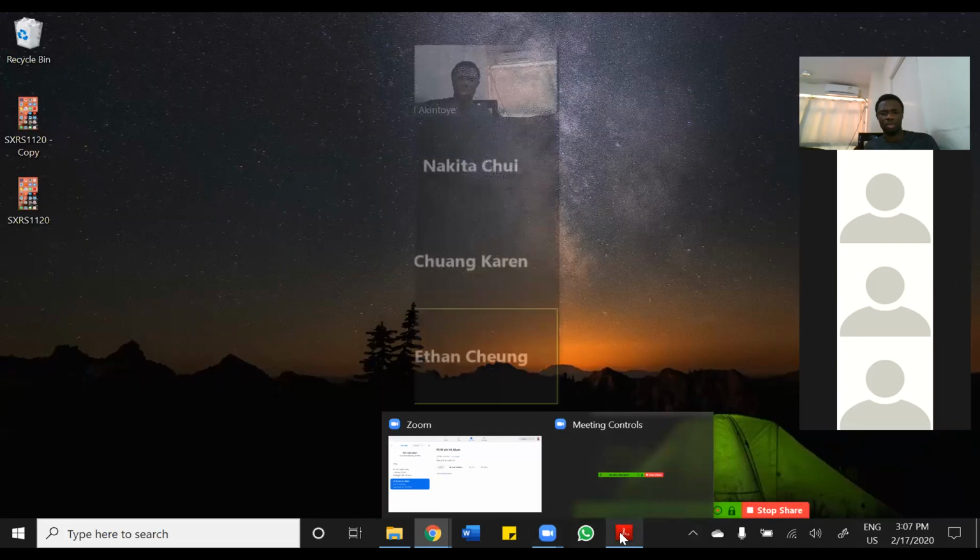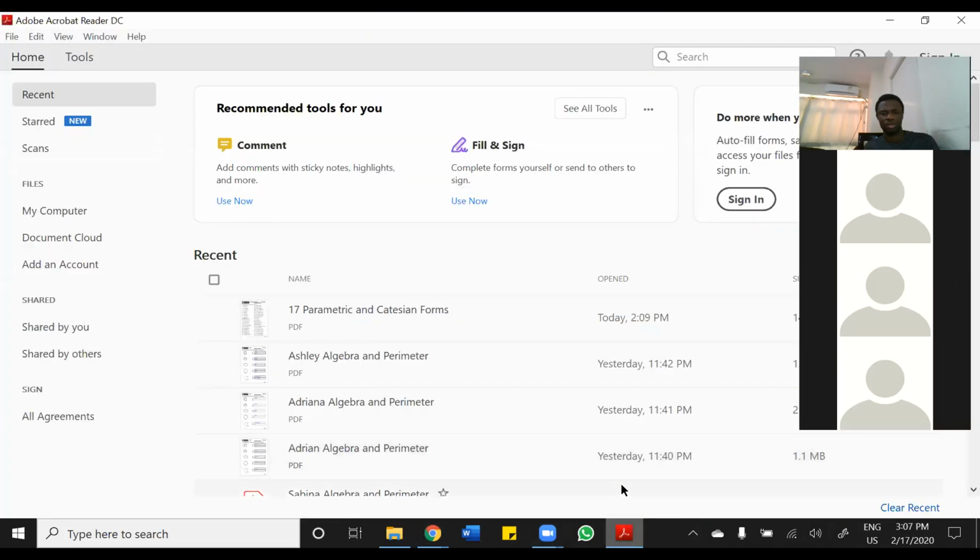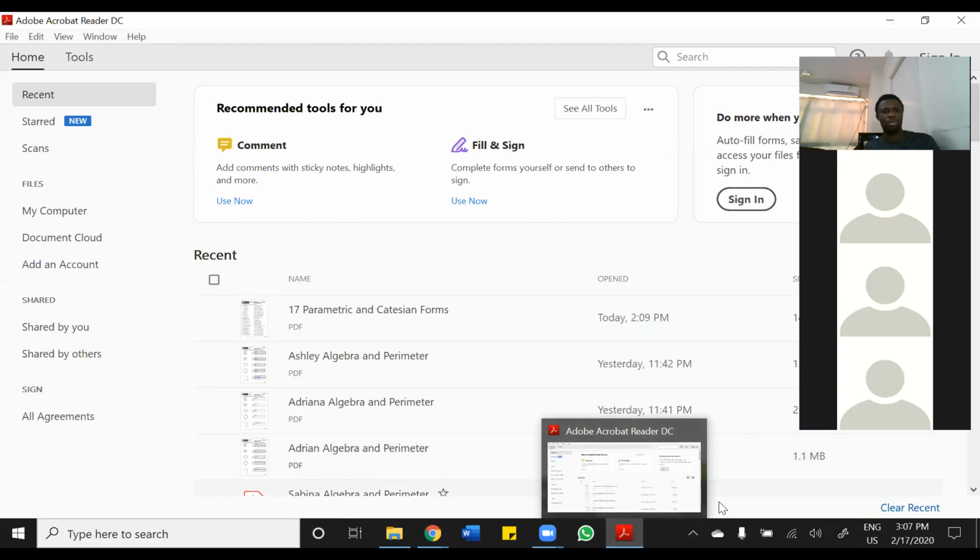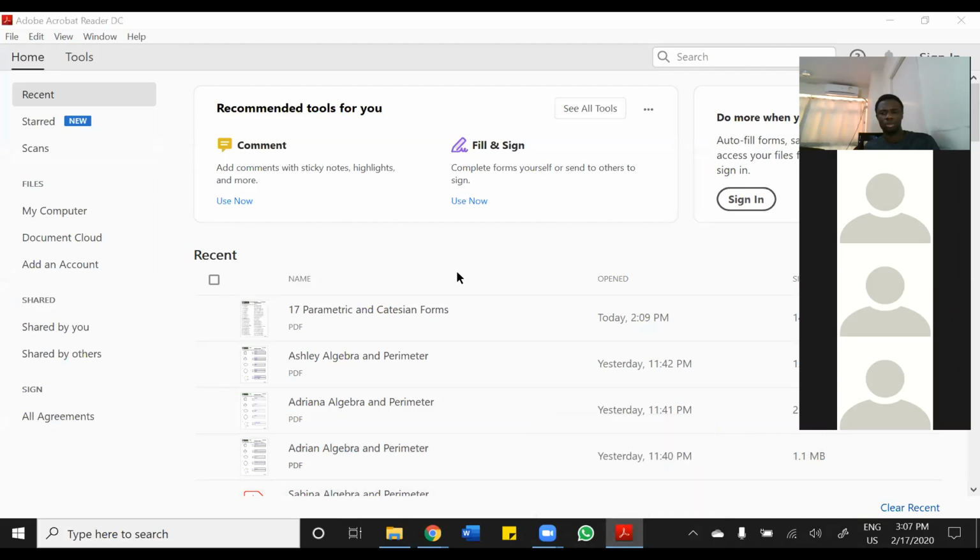What do you guys see now? My screen or the board? Screen, okay. So right now it's a PDF application, yes?